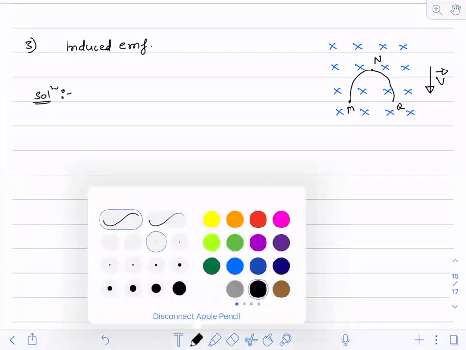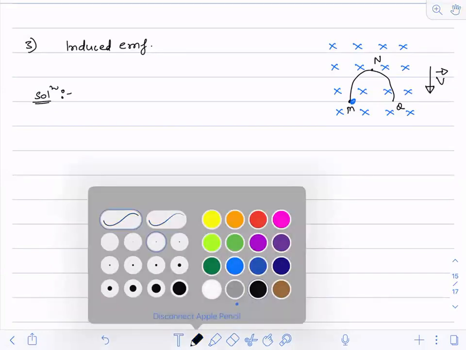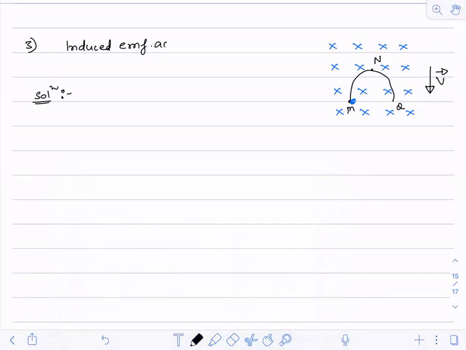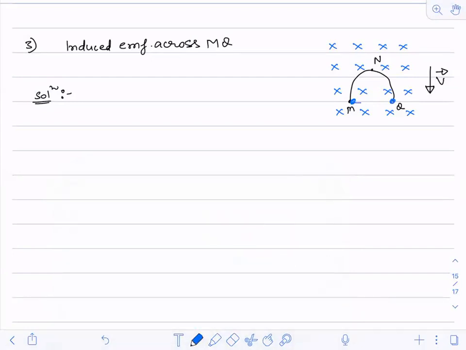I've already told you that you have to see the length. So which length will we see? Induced EMF across the ring if it is asked, so induced EMF across MQ. So you have to see this length over here.